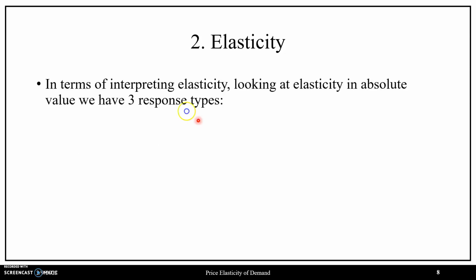In terms of elasticity as well, we're going to report this in absolute value, and there will be three response types to consider.